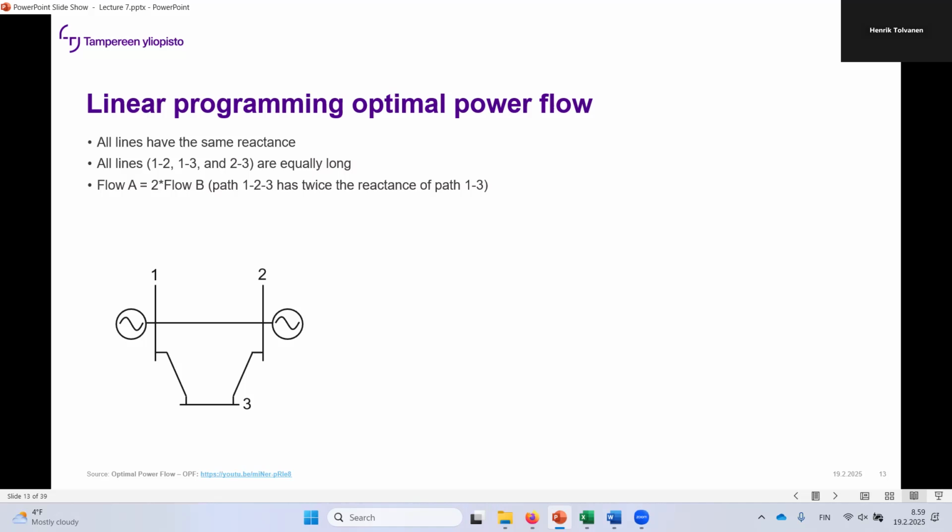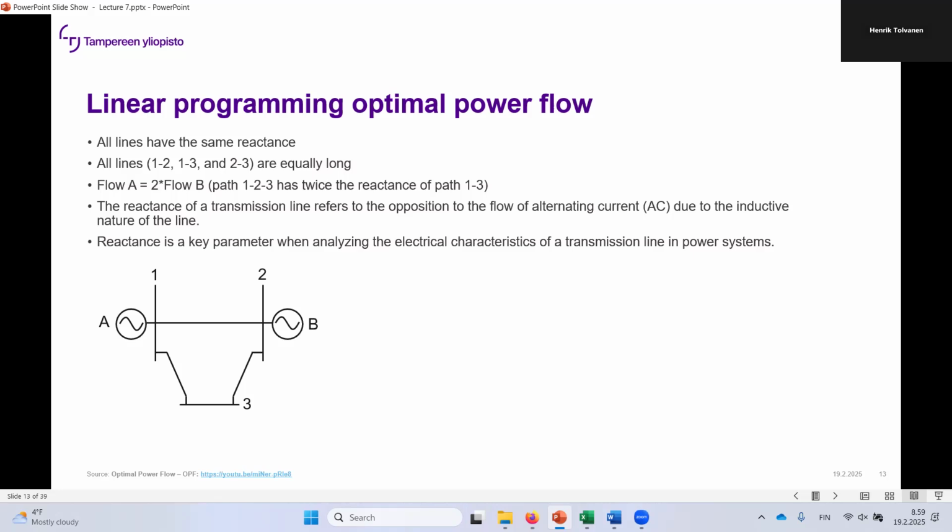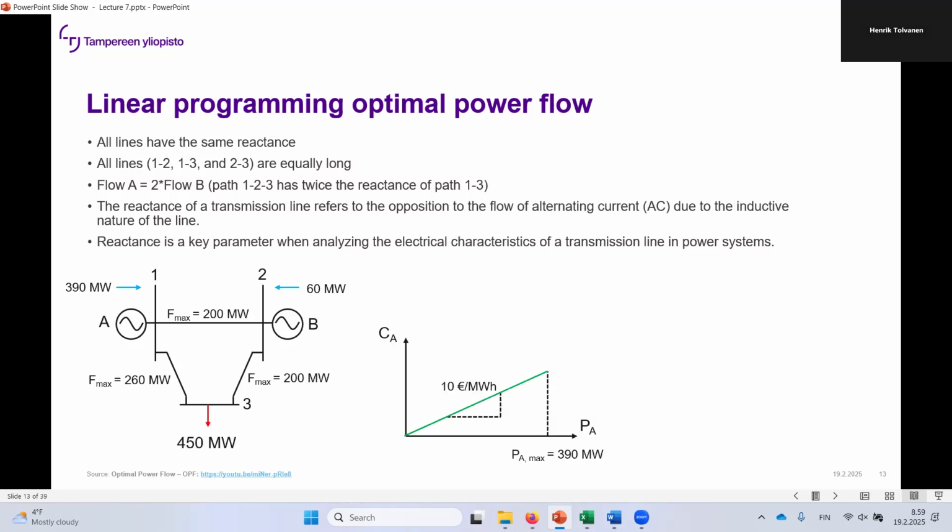And all of the lines are equally long. So flow from, let's see, point A to B. So flow A, yeah. Sorry, I don't have the flows in there, I guess.